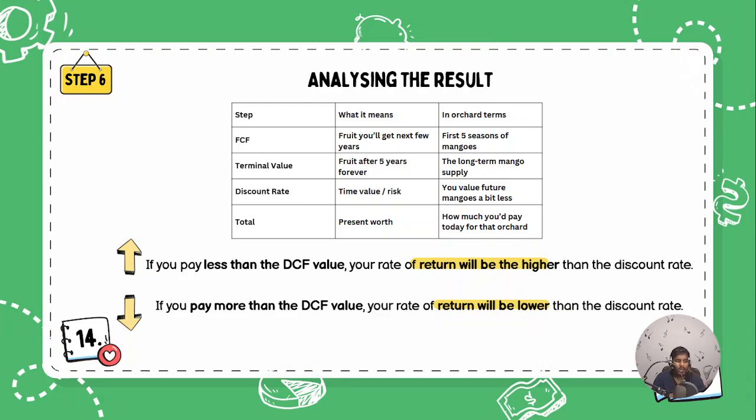Suppose the per share value for today should be 1200 rupees, but I'm only paying 1000 rupees for that share. That means I'm paying less than the DCF value. Of course, my returns will be higher.